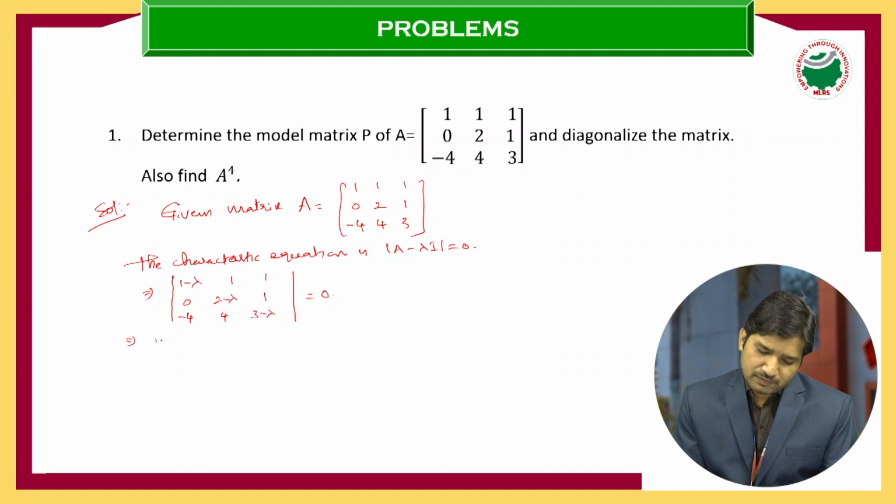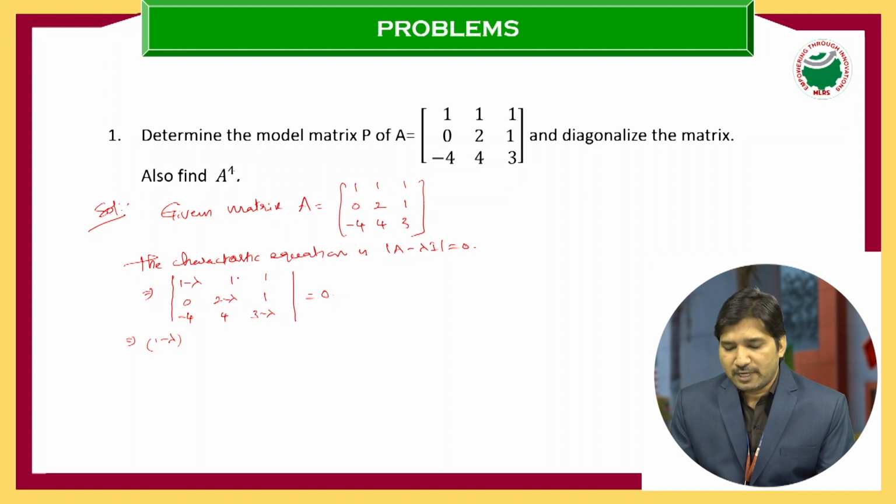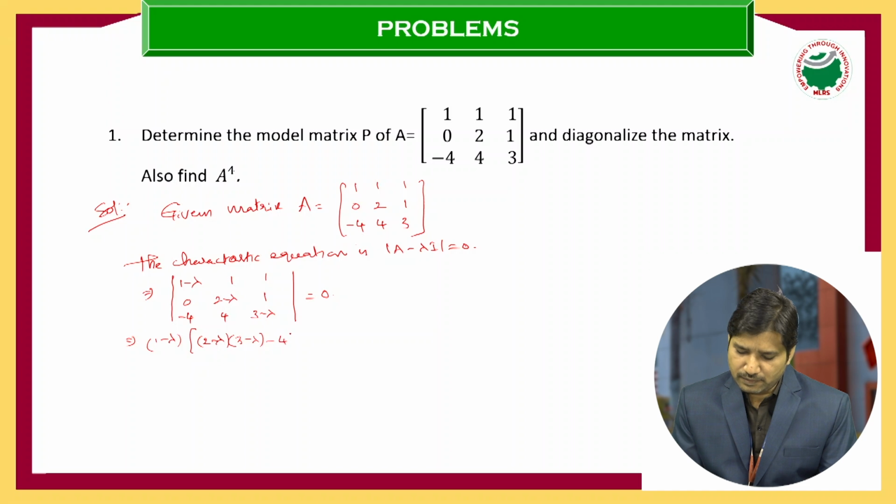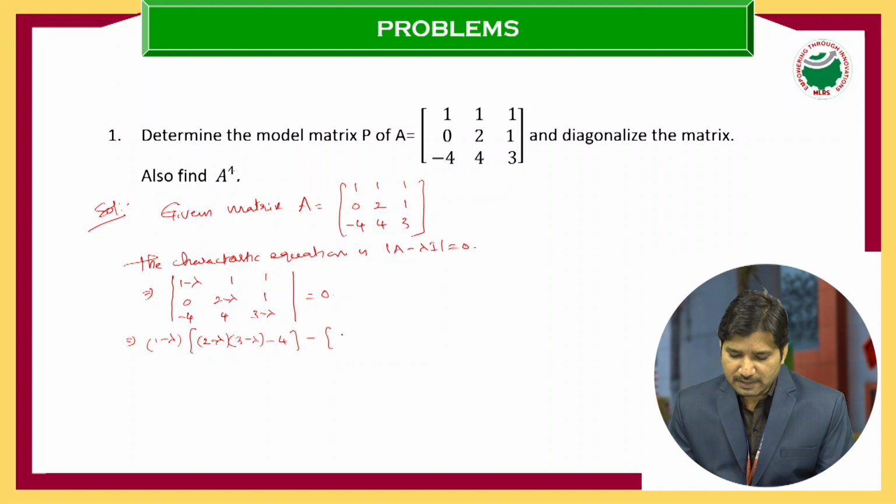That is 1 minus lambda into, with first row first column eliminated, applying AD minus BC, 2 minus lambda into 3 minus lambda minus 4. Next, minus 1 into, with second column first row eliminated, applying AD minus BC, 0 into 3 minus lambda, 0 minus of minus 4 into 1 is minus 4, minus minus plus.